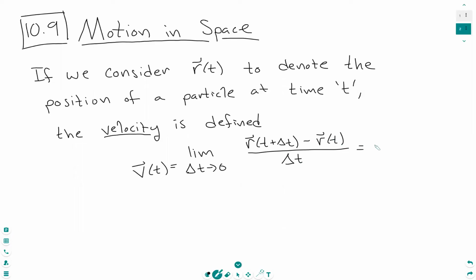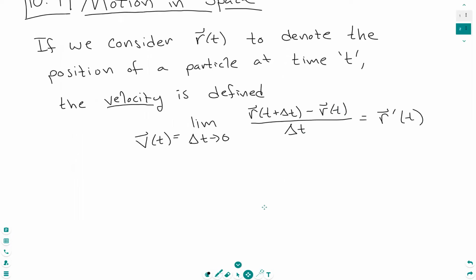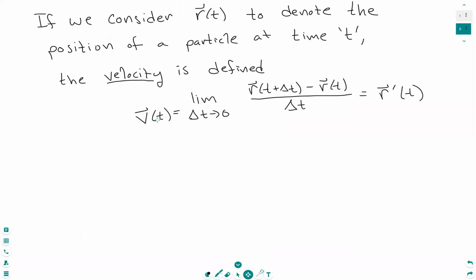And we know this to be the derivative r prime. This is just officially announcing that when we take this derivative here, we're going to get this velocity.